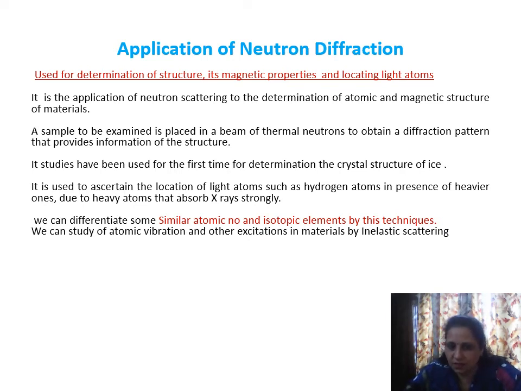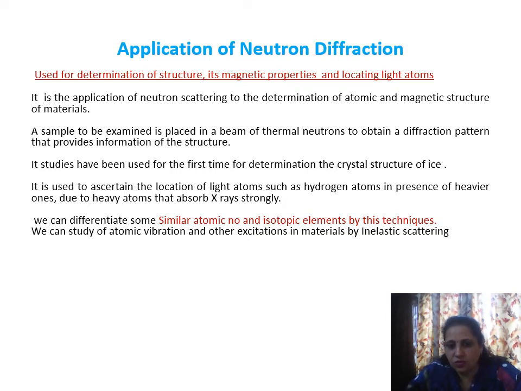It is the application of neutron scattering to the determination of atomic and magnetic structure of materials. A sample to be examined is placed in a beam of thermal neutrons to obtain a diffraction pattern that provides information of the structure. Its study was used for the first time for determination of the crystal structure of ice.